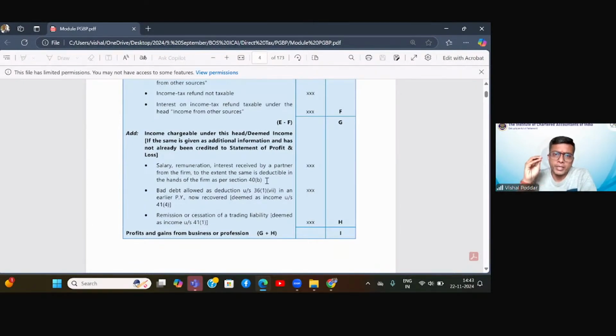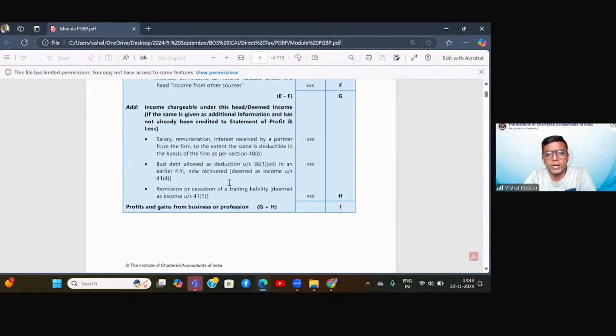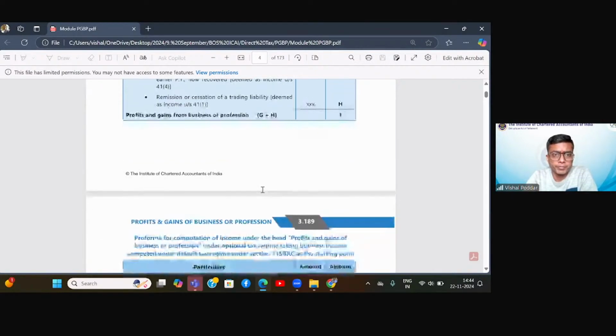So, if by chance, while preparing my P&L, it is not included in the credit side, while computing PGP income, we will increase our profit. Similarly, bad debts recovered and recovery of any other business liability both have the same condition that earlier it should have been allowed as deduction. Correct?